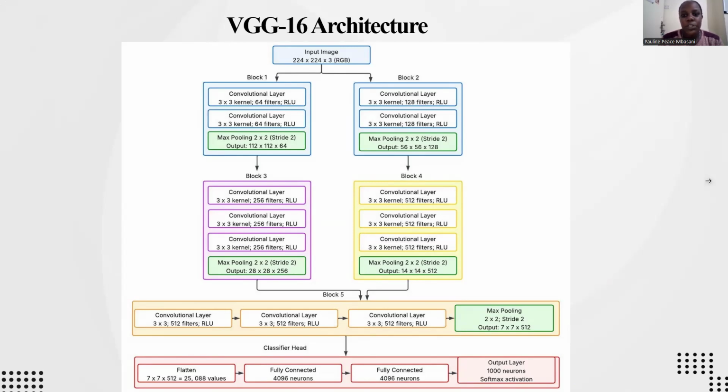It's also important to note that the filter count doubles at each block from 64 to 128 to 256, and then finally to 512. At the end, we have the output passed through 2 fully connected layers that you can see at the bottom of the diagram.